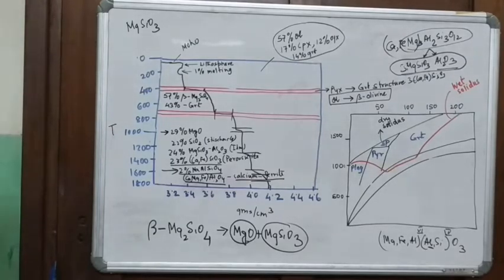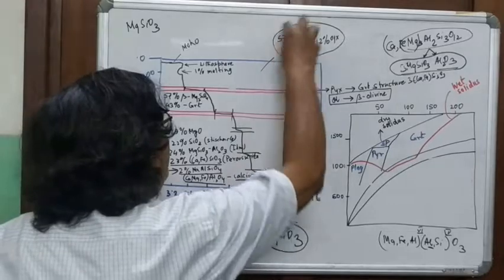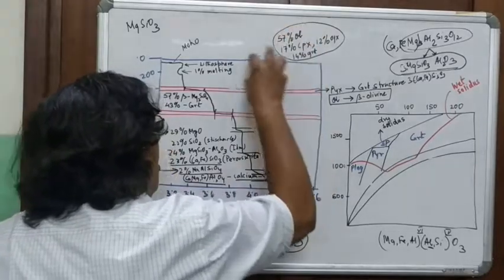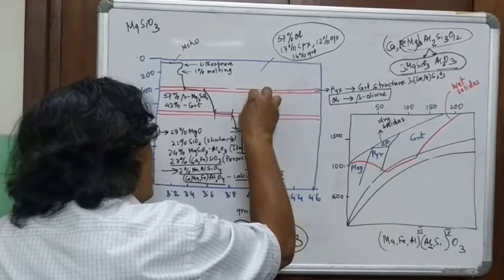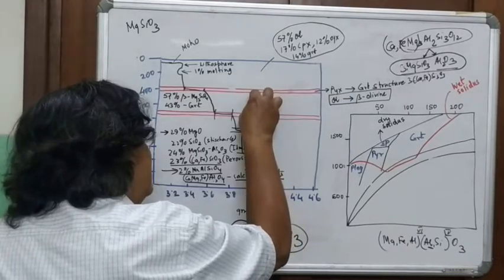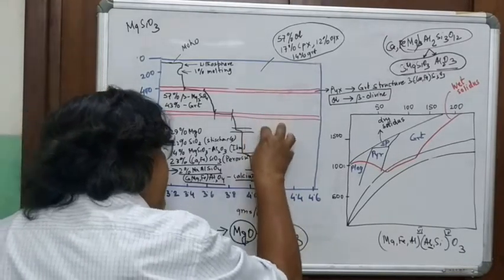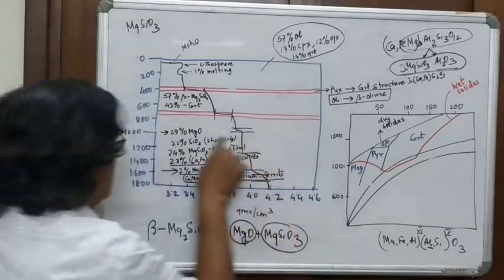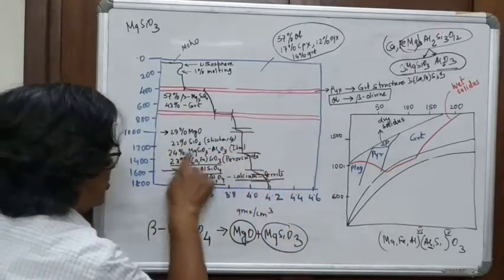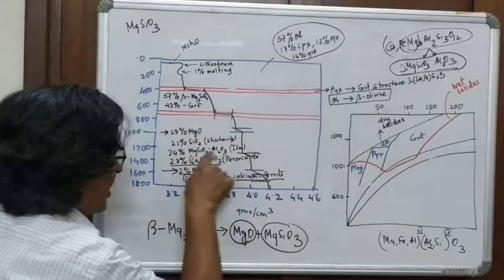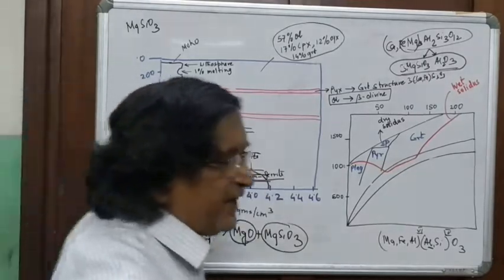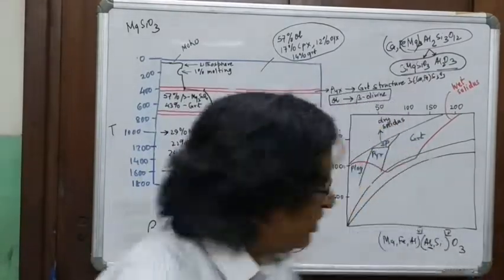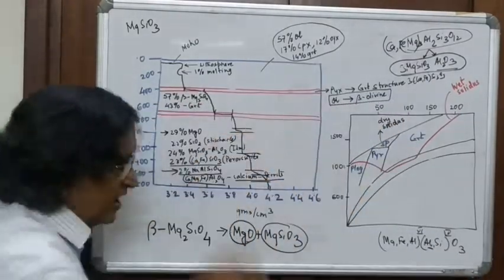Essentially we start with an olivine dominated mantle, then a beta olivine and garnet dominated mantle, and from there below 670 kilometers you have periclase, quartz, 24% MgSiO3 ilmenite, 23% perovskite and calcium ferrite. This is the material that occurs below 700 kilometers.